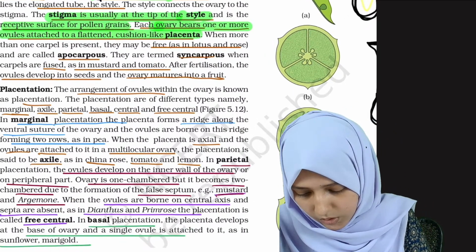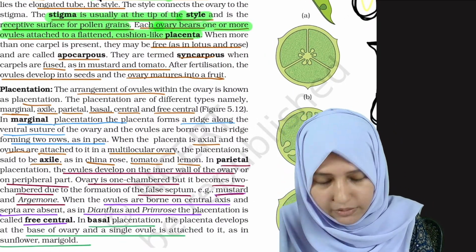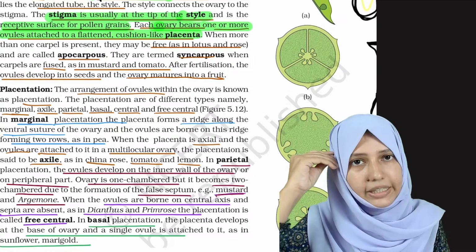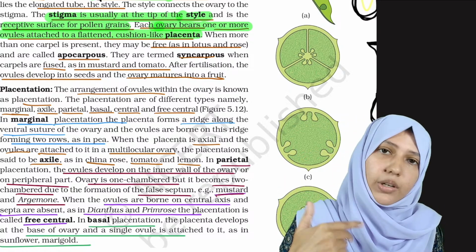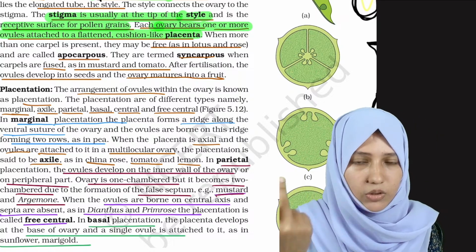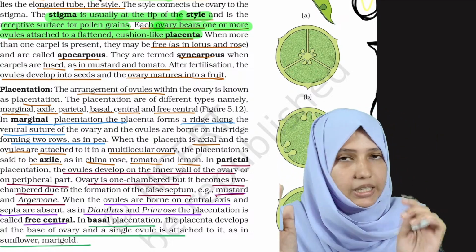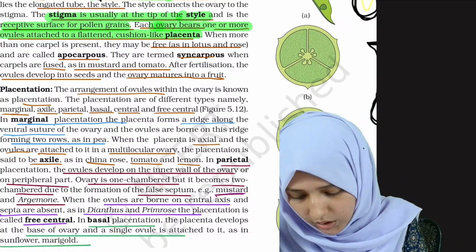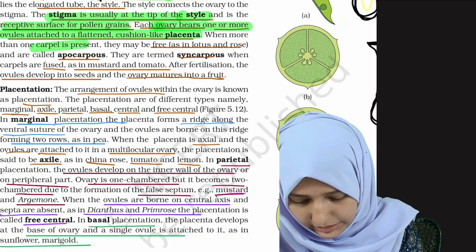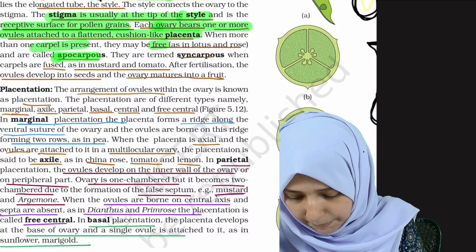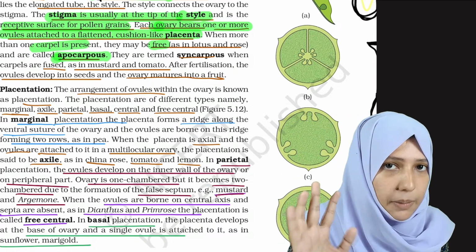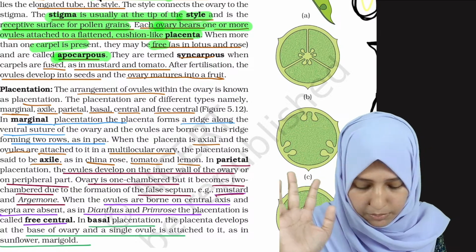Clear? Okay. If more than one carpel is present, as we studied in androecium and other floral appendages, gynoecium is equal to carpel. If more than one carpel is present, it can be free. If it is free, it is known as apocarpous.